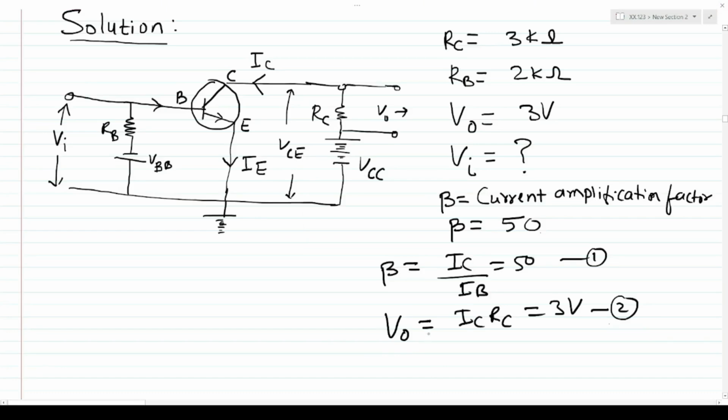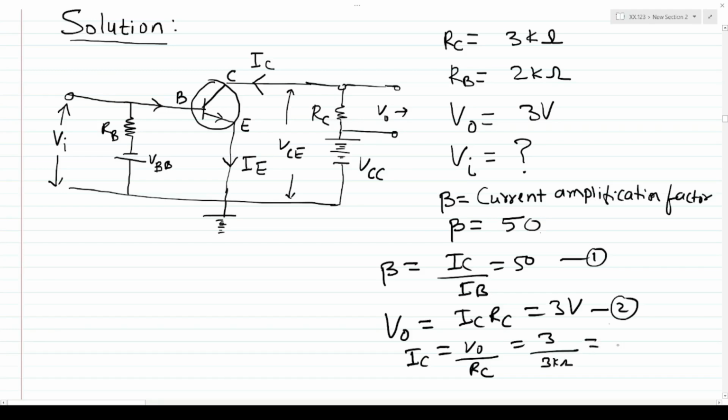Beta equals 50 and V naught equals IC into RC. Therefore IC equals V naught upon RC, and V naught is given as 3 volts and RC value is 3 kilo ohms.